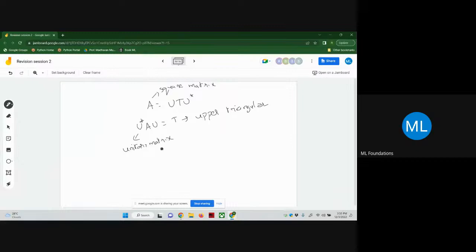So U star A U equals T, where A is any square matrix. And if A is Hermitian, then U star A U is going to be equal to a diagonal matrix.